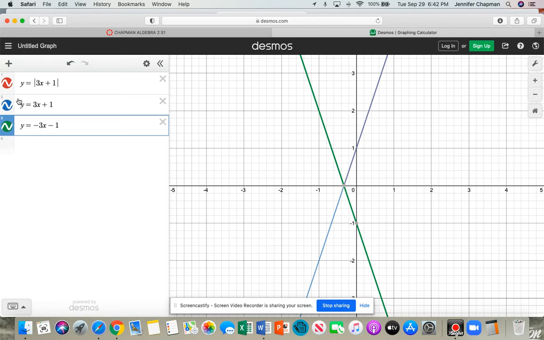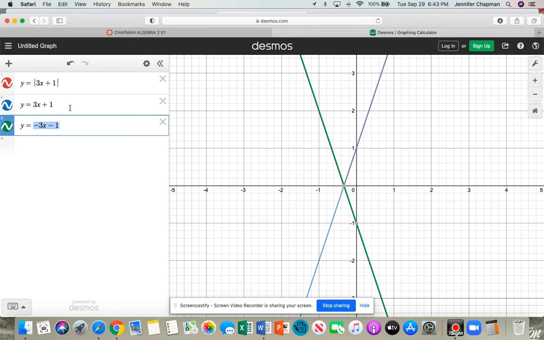Notice it's y equals the absolute value of 3x plus 1. So both of those numbers are positive in one of my equations, and both of those numbers are negative in my other equation. That's just the way it works. Okay? So I've got my piecewise function right there. It's as easy as that.